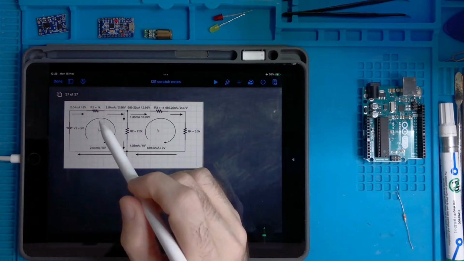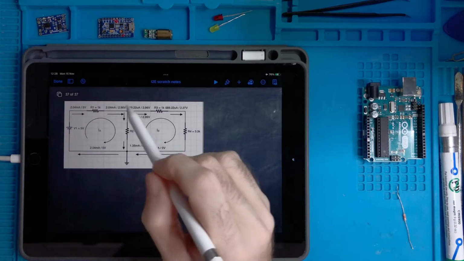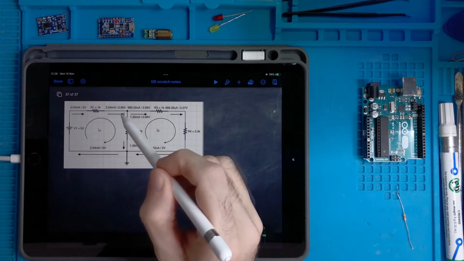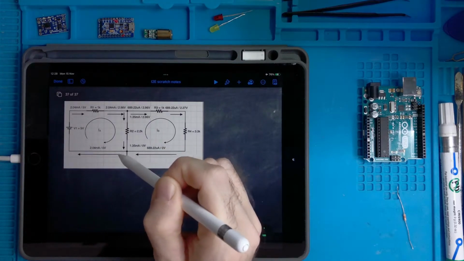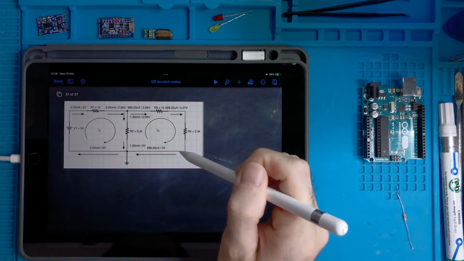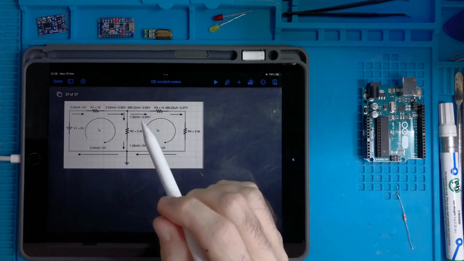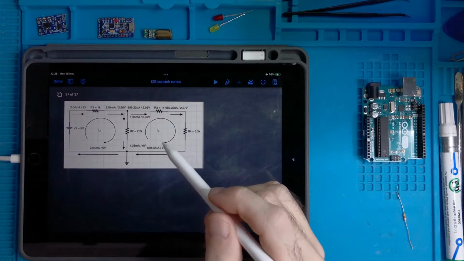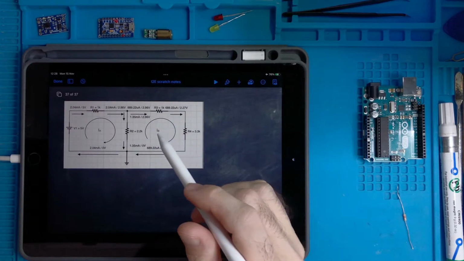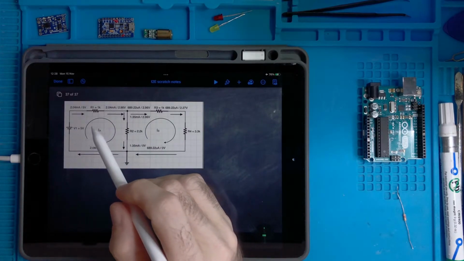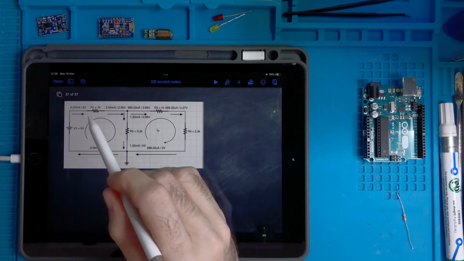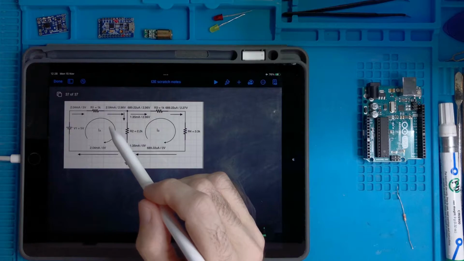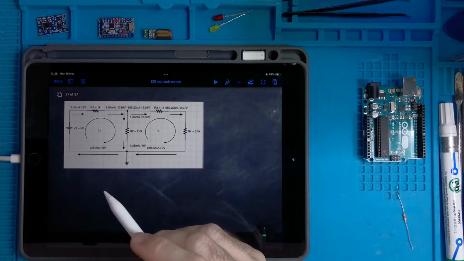I define a verse of gyration of a current in this mesh. So I assume there is a certain current flowing in this mesh and also in this one, and I give it a direction. It can be this one or the opposite one, it doesn't matter which one. If, for instance, I calculate the current in a component and it turns out to be running in the opposite direction, I will have a minus as the result of my calculation.